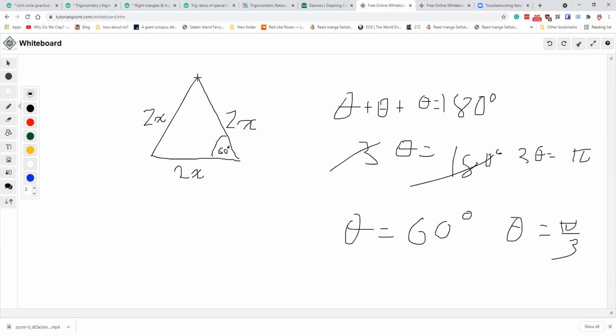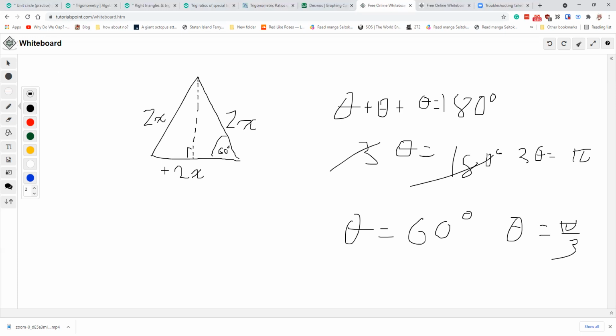Now, imagine if we were to drop a line from one of the corners down to the very bottom. Although this is not a very neat sketch, when you drop a line from a vertex of an equilateral triangle down to the bottom, what you get is something that splits the side in two.